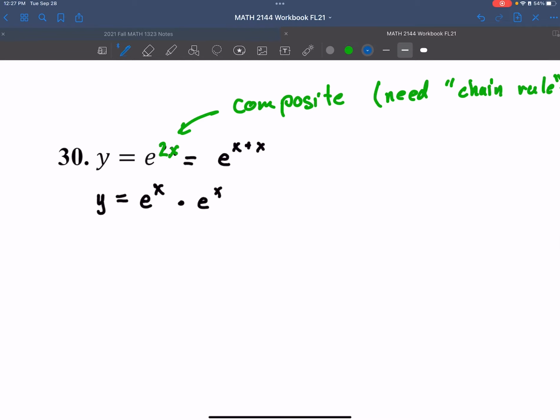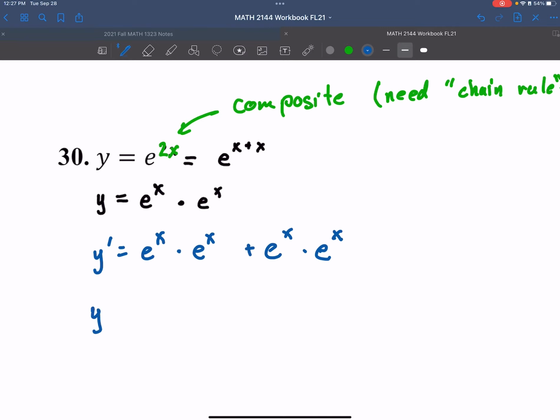So to find the derivative, it is the first times the derivative of the second plus the second times the derivative of the first. So this is e to the x times e to the x plus e to the x times e to the x.